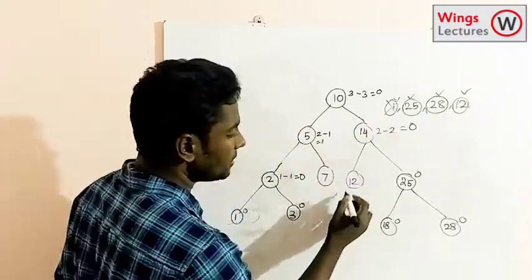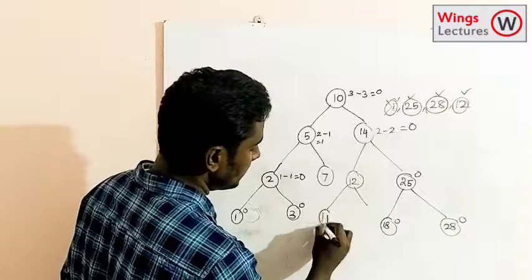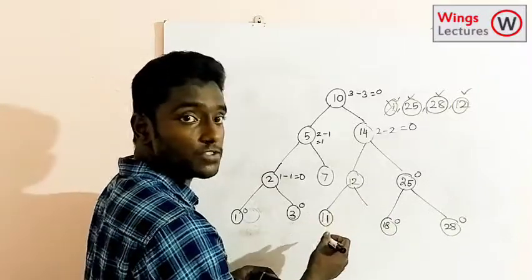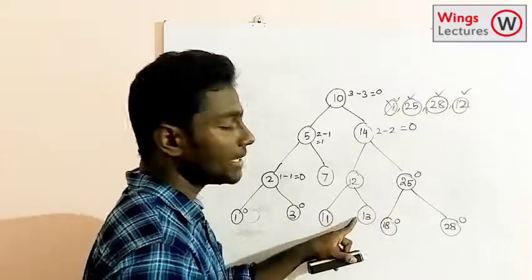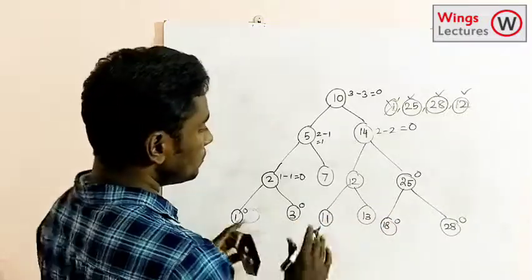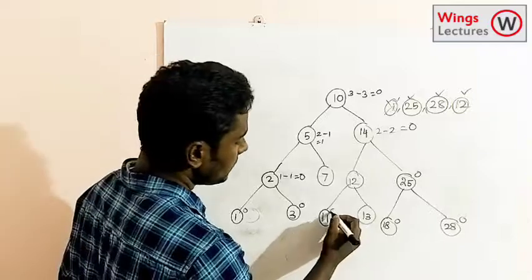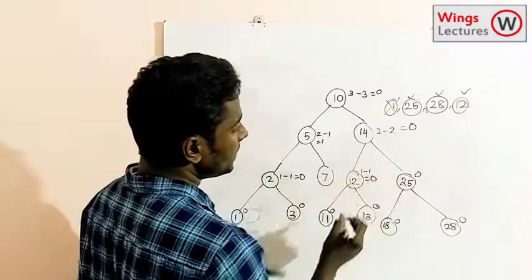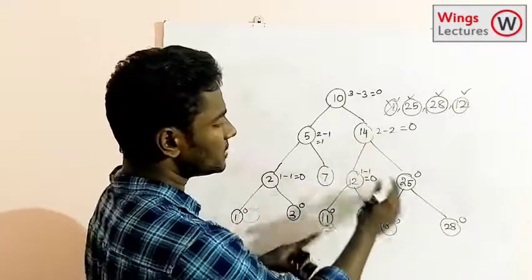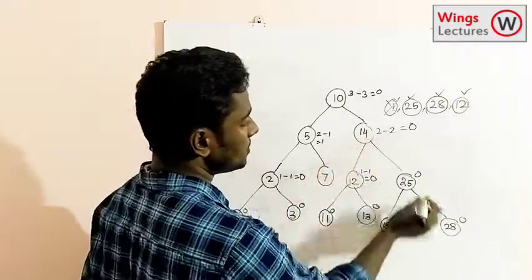I am replacing 13 by 12, 11 will be the left subtree of 12 and 13 will be the right subtree of 12. Now check the balance factor: 0, 0, and here also 1 minus 1, 0, and it's quite similar, 2 minus 2.